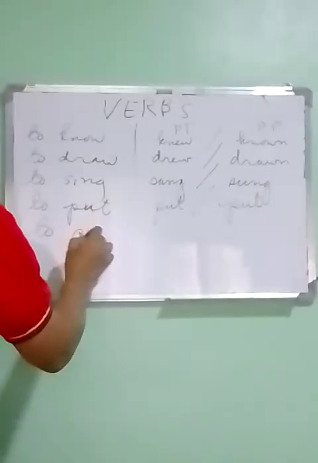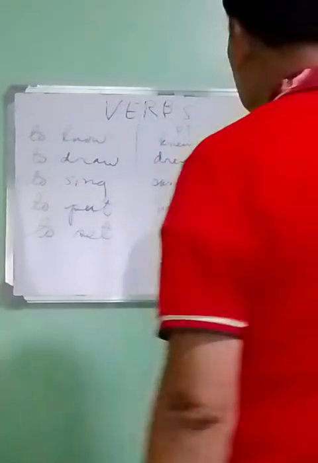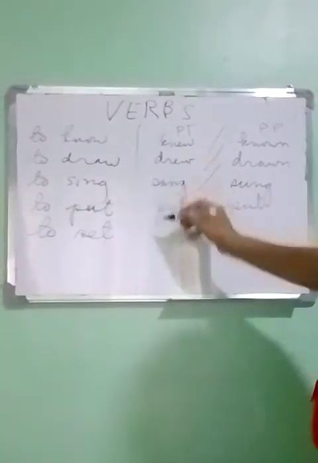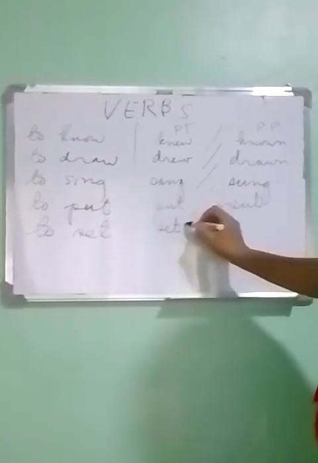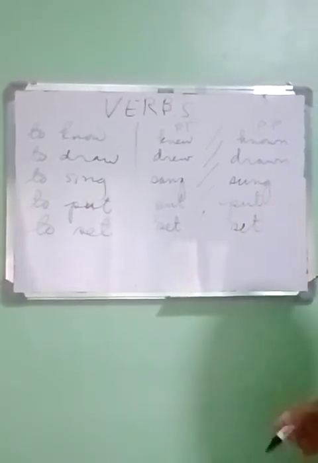Okay. Another example is to set. Do not say the past tense of to set is setted. That is wrong. Past tense would also be set. Past participle would be the same. Set. Did not change. So do not say setted, or putted. That is wrong.